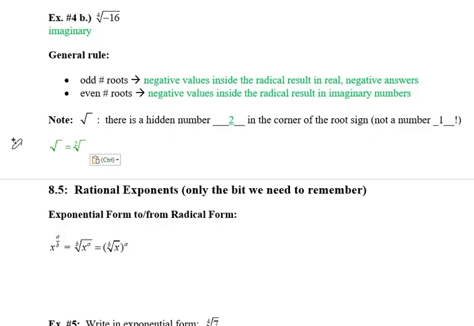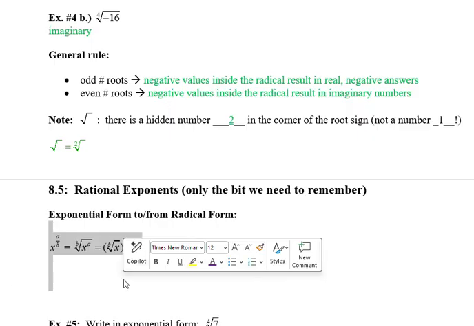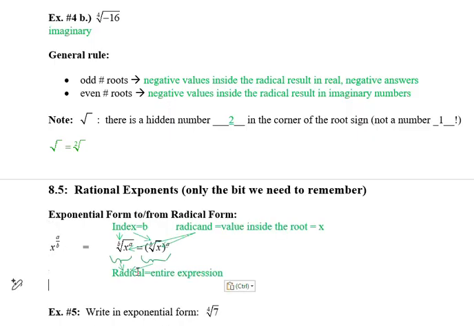So that piece, the b, is called the index. The whole radical expression is called a radical. And the radicand is the piece inside the root, so in this case it's the x.